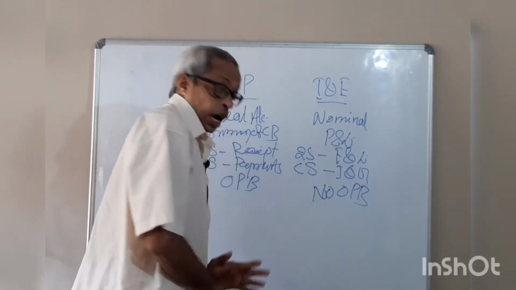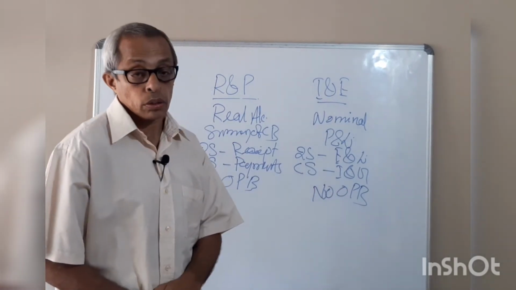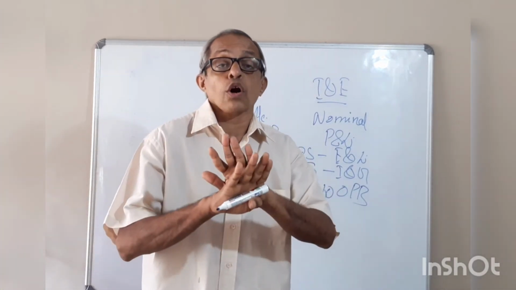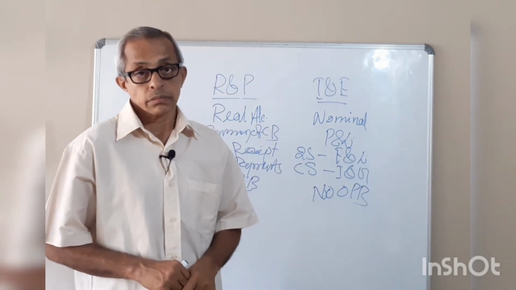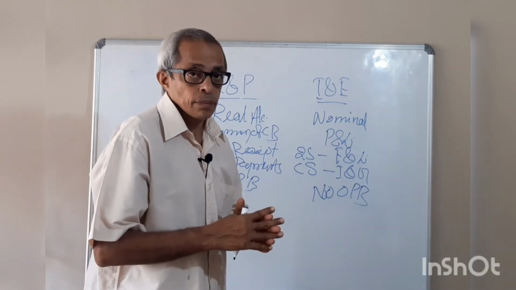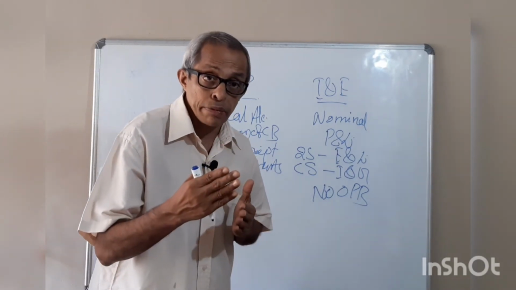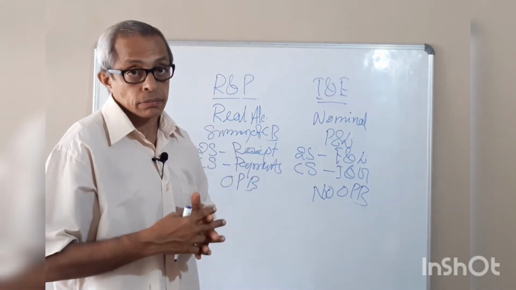And the next is adjustments. In receipts and payments account, there will not be any non-cash entries. All entries will be of either cash payments or payments made from bank.